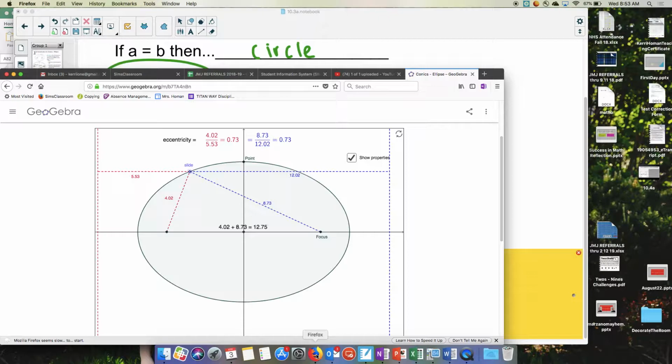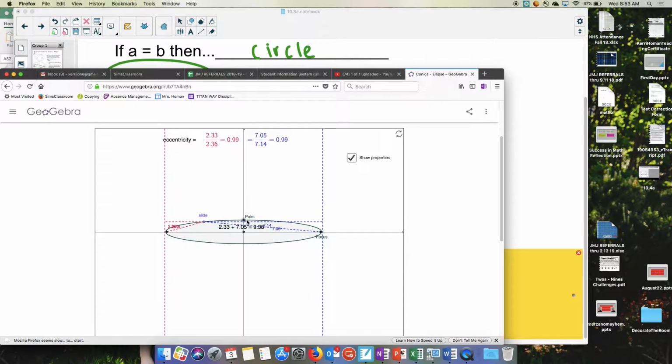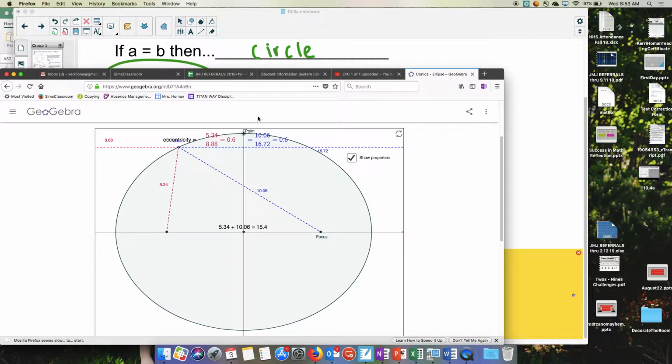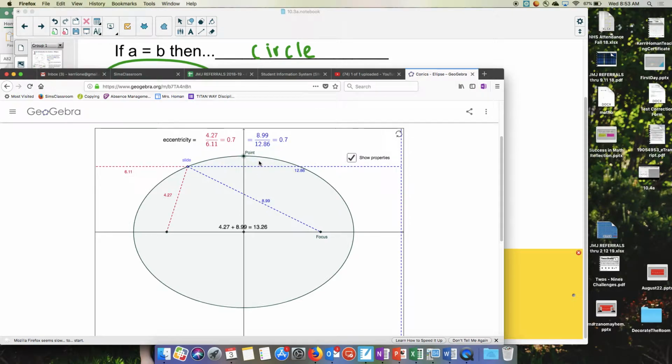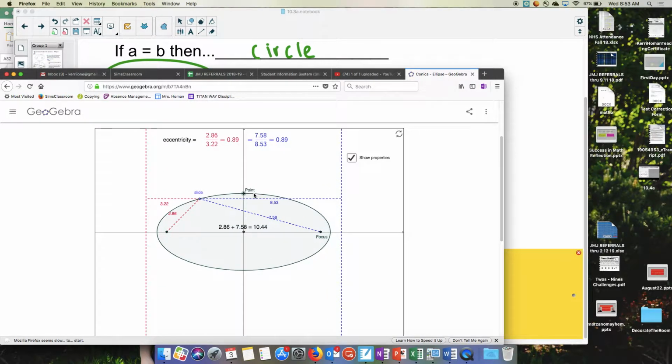Okay, eccentricity is up here. This is pretty oval, isn't it? Well, we're trying to get circular. So the closer we are to 1, the more oval we are. Okay? All right.